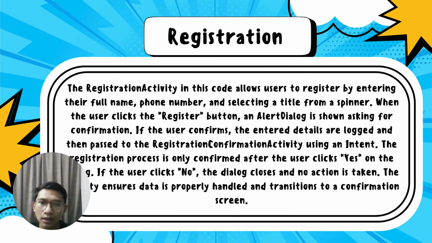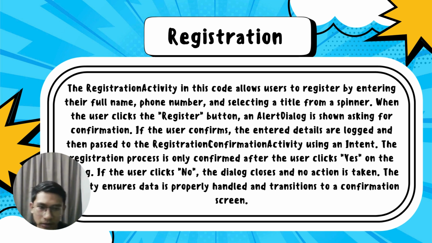For the explanation of registration, in this code, we allow the user to enter the full name, phone number, and select a title from the spinner. After that, when the user clicks the register button, a dialog will appear asking for confirmation.